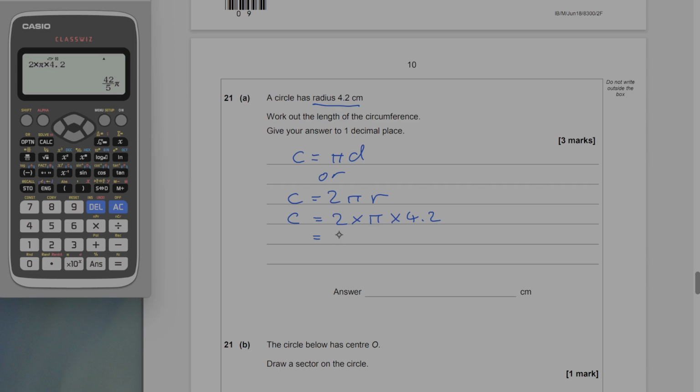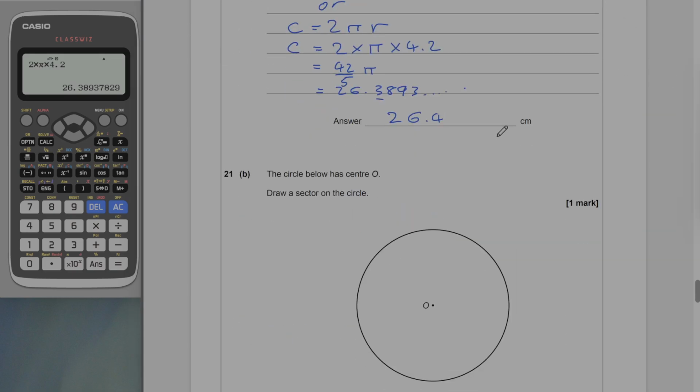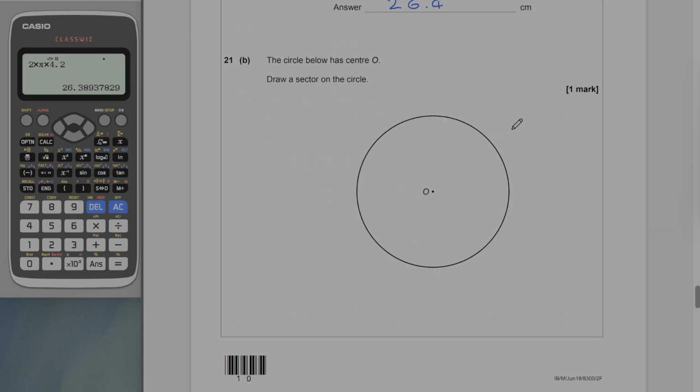So I'll write it down exact, 42 over 5 pi, but as a decimal that would be 26.3893, and then to round it to one decimal place, 26.4. Okay, question 21, draw a sector.